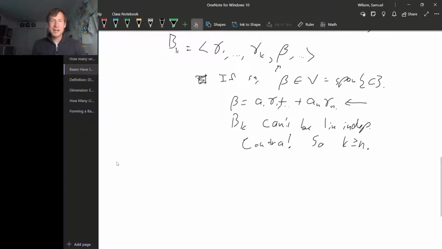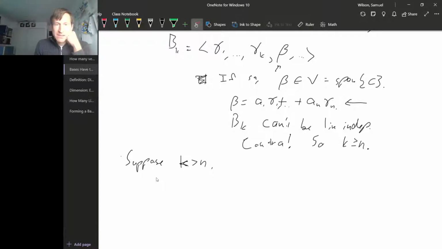Okay, well, now let's suppose that k is strictly bigger than n. So in this case, we have more gammas than we have betas. So that means B sub k is gamma 1 up through gamma n.